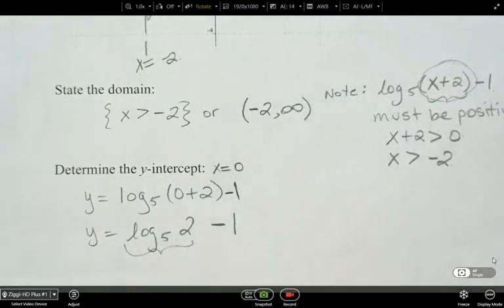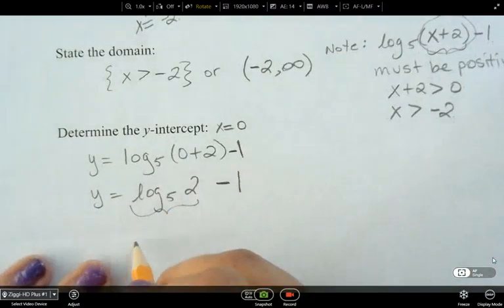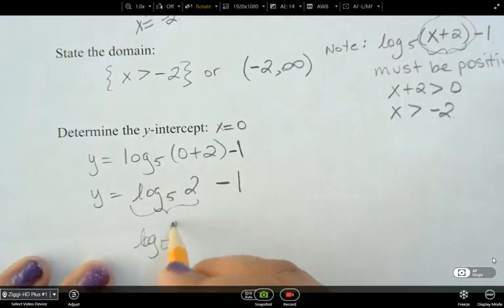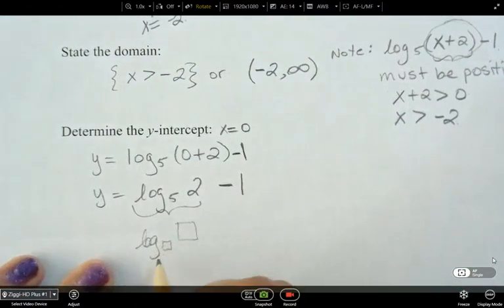If you don't have a calculator accessible, then you will leave it here. If you have a calculator accessible, then you can go through and figure it out. Some calculators will have a little box here and a box here, and then you can enter it in.